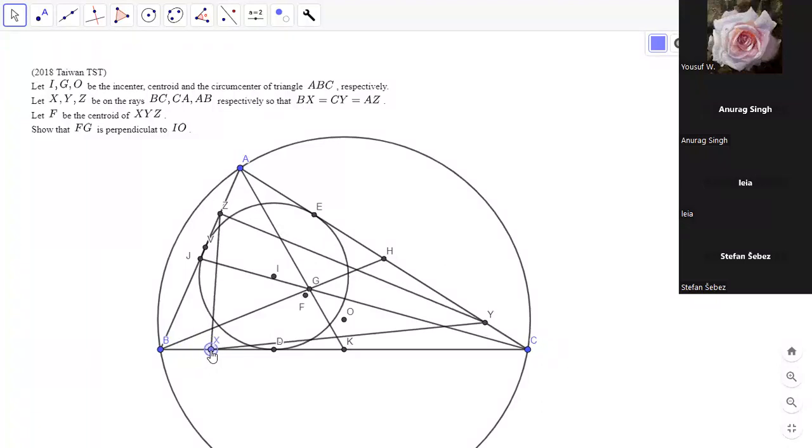I don't know if we could use vectors or something, because F is a third X plus a third Y plus a third Z. And since BX equals CY equals AZ, I don't know if it's that easy to do though. I also think vectors are a good idea, because centroids are good with vectors.